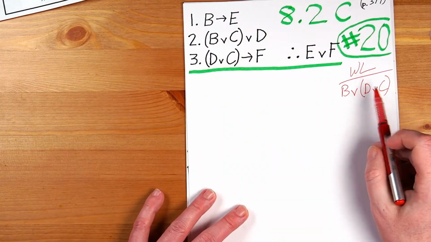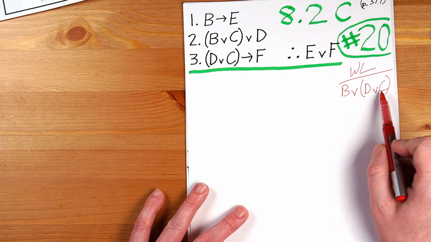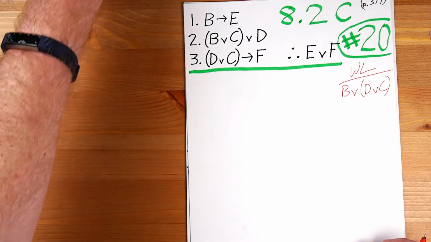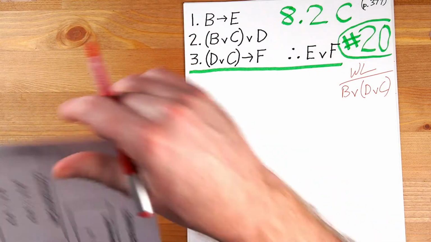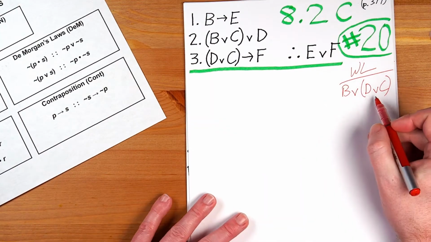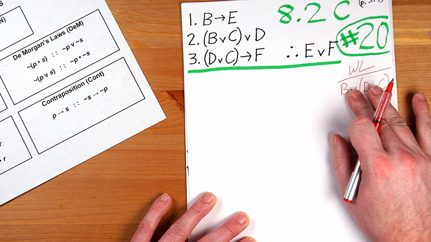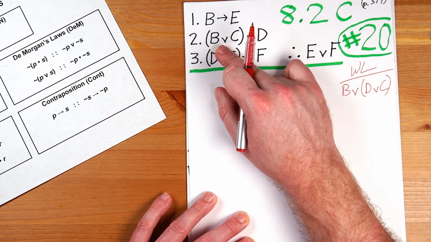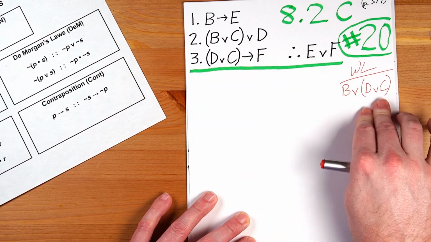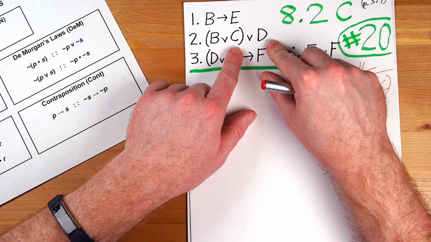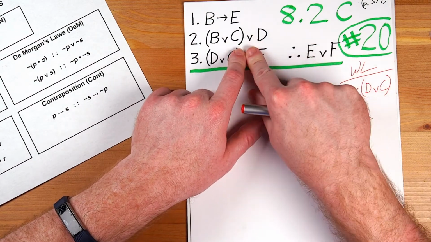First, let's go ahead and just switch C and D using what? Association? No, not association. That's commutation. But really we need to probably do association first, actually.